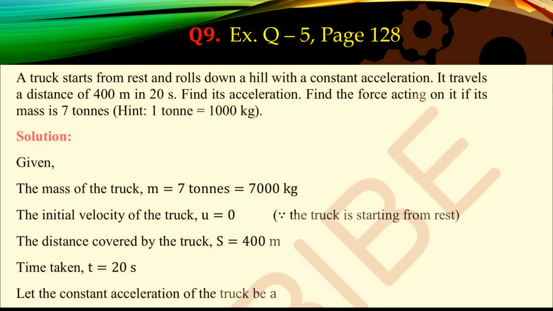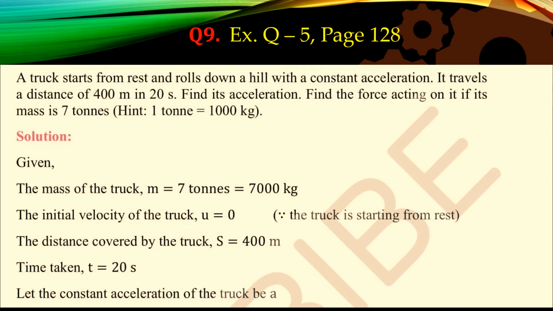See the question, and first you have to write the quantities given here. A truck starts from rest, which means its initial velocity u is 0. Then it travels a distance of 400 meter. So distance we denote with the letter S, so S equals 400 meter in 20 seconds.